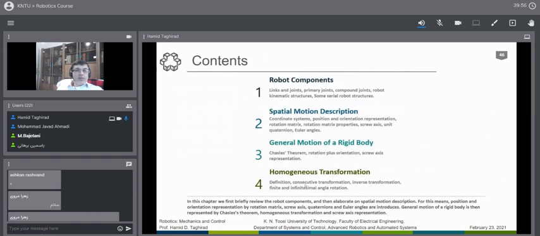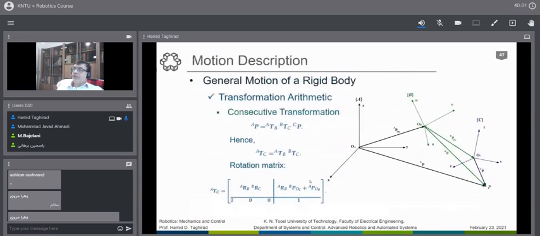Now, let's talk a bit more on homogeneous transformation. The homogeneous transformation, as we talked about, is a 4x4 matrix. And please read this completely from my book, or a parallel book, where some more detail is given.